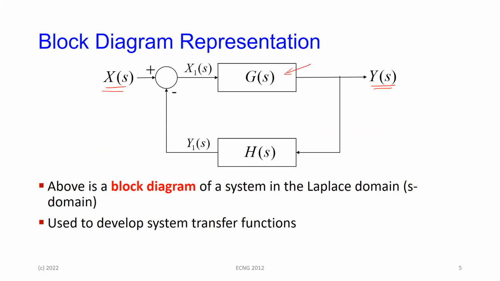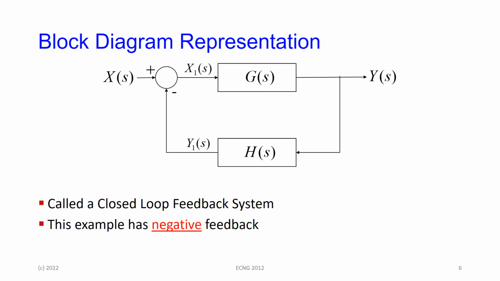This particular one has a transfer function G(s), and this particular part has a transfer function of H(s). This is the simplest model of a block diagram, and it's a particular type of model called a feedback system. Okay, so let's see how this works.